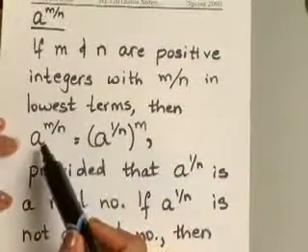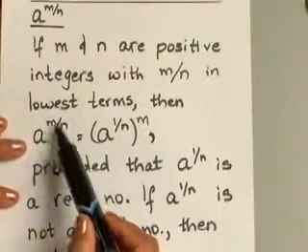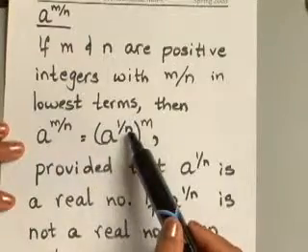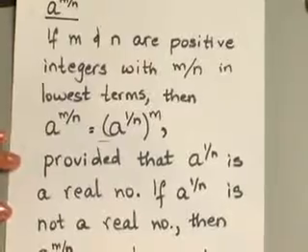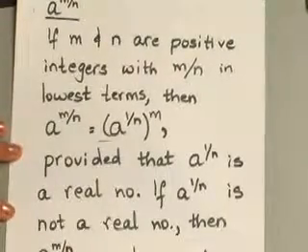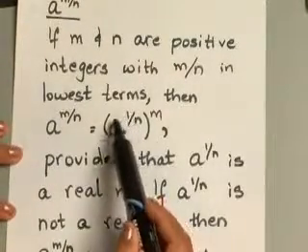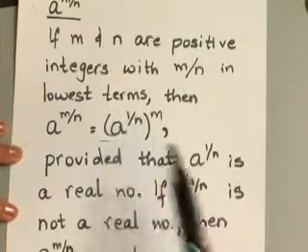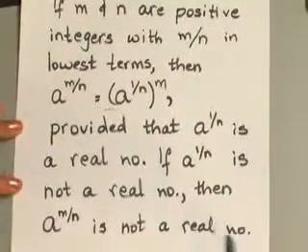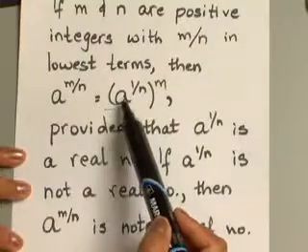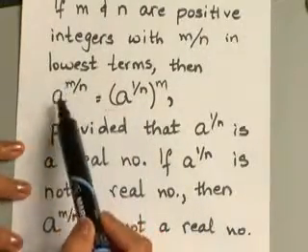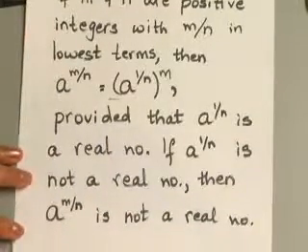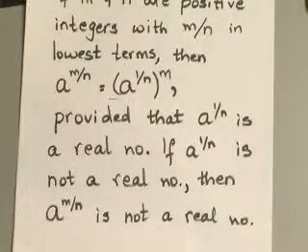To evaluate this, you can take a to the m over n as a to the 1 over n, put the whole thing in parentheses, and then have m as your exponent on the outside. Now remember that since a to the 1 over n is a radical term, it has to be a real number. If a to the 1 over n is not a real number, then this original expression will not be a real number either. That is important when you're working with radicals.